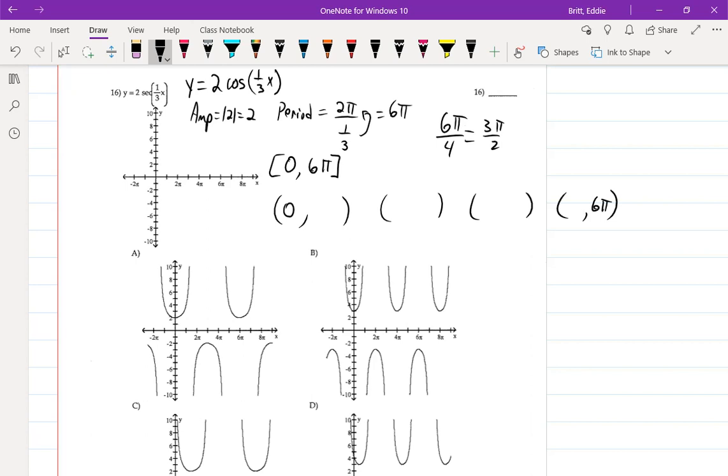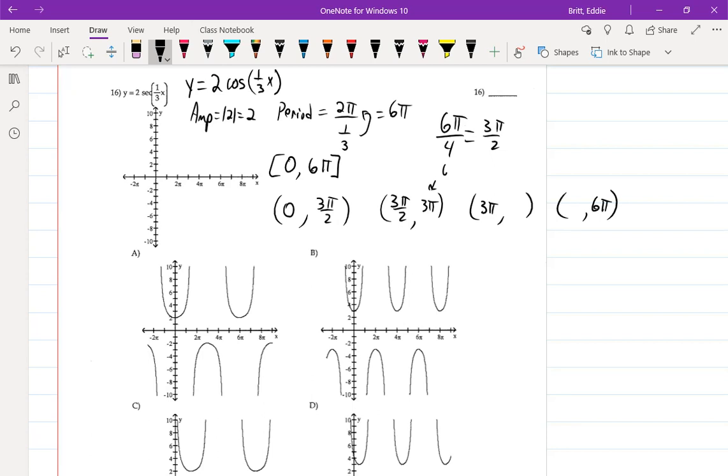So 0 plus 3 pi over 2 is 3 pi over 2. And then 3 pi over 2 plus 3 pi over 2 is 6 pi over 2. 6 pi over 2 is 3 pi.